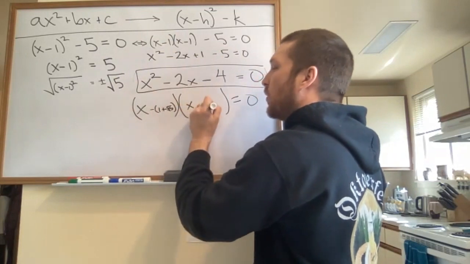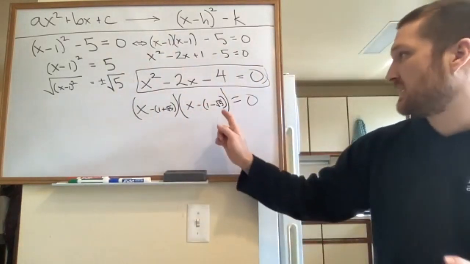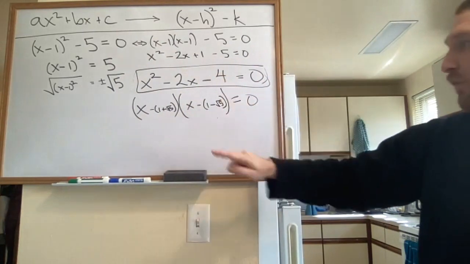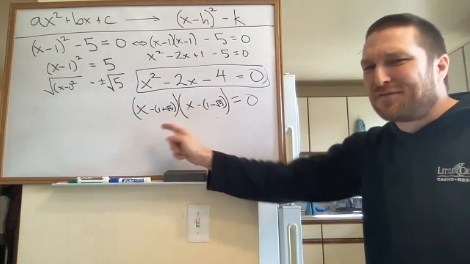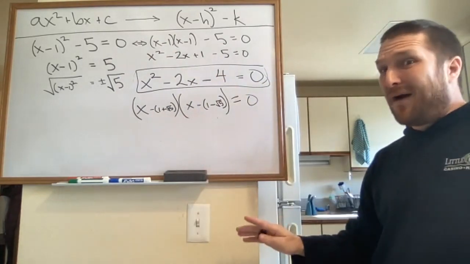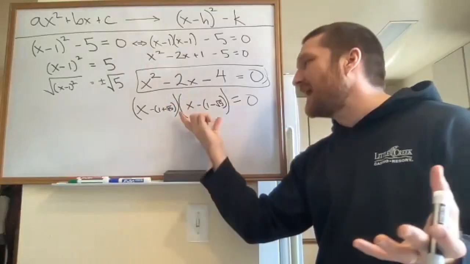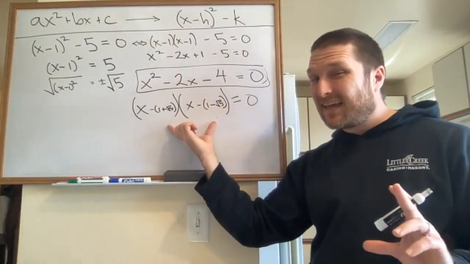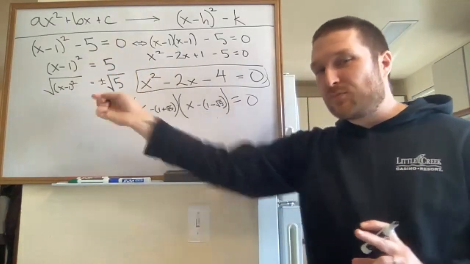You never would have guessed, looking at this number, -2, and this number, -4, and thought, oh yeah, 1 plus or minus the square root of 5. No way. There's no way you're going to look at that and intuit that that's how this thing breaks down, but it does.